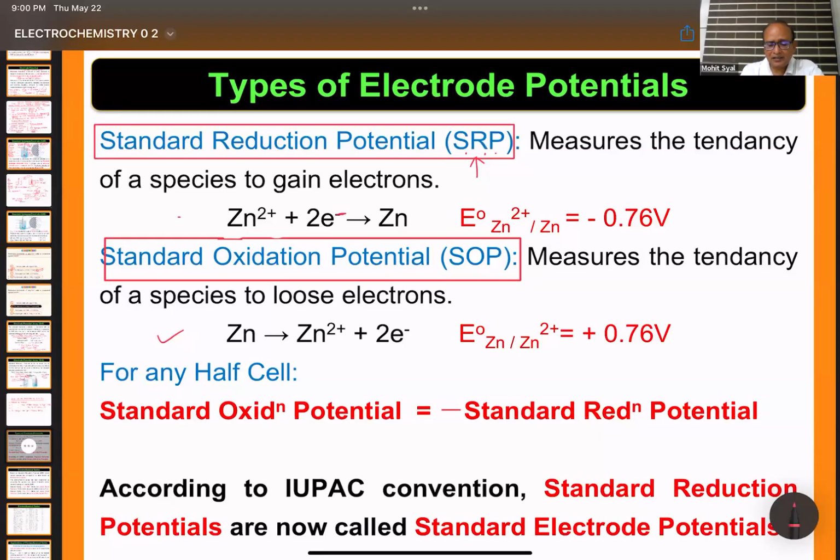You can see the reduction happening because zinc was +2, it gains electrons, and its positive charge is reduced to 0. And if you measure the tendency of zinc by connecting it to a standard hydrogen electrode, how is this measured?